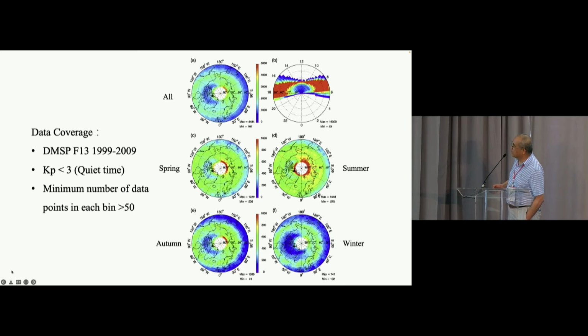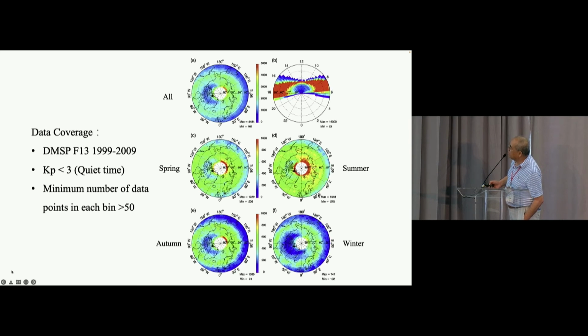This gives you the total number of data points, split into spring, March equinox, summer, which is in June in the northern hemisphere, then fall, and then winter, or December solstice.